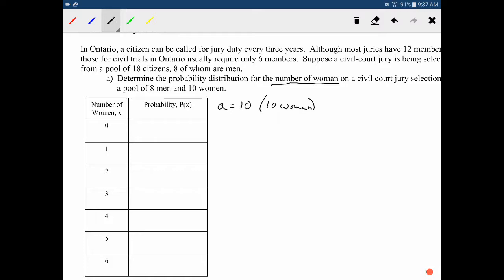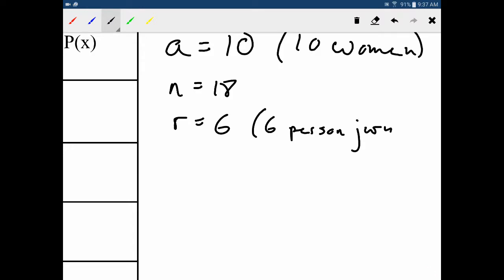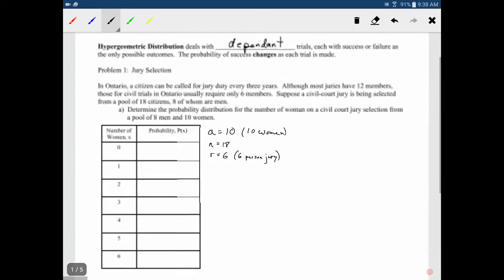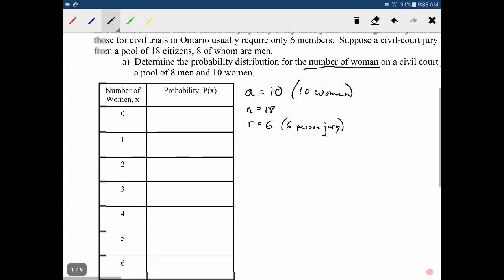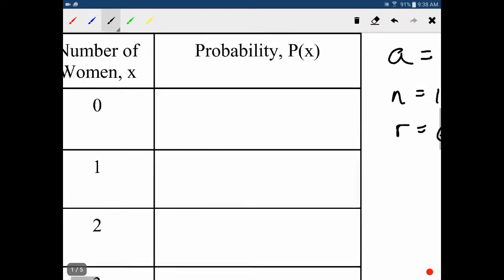It's what we're interested in. N is equal to 18 because there are 18 total people, and R is equal to 6 because it is a 6-person jury. Our X is this variable, and we're going to go through all the various X's.